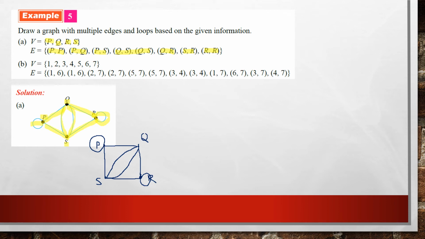Okay, next for part B. Okay, you have total vertices is 7. Okay, here they draw like this. So you can draw, actually up to you how you draw.